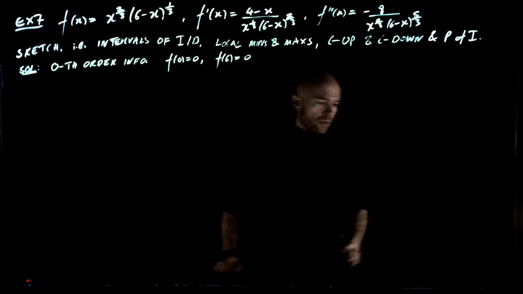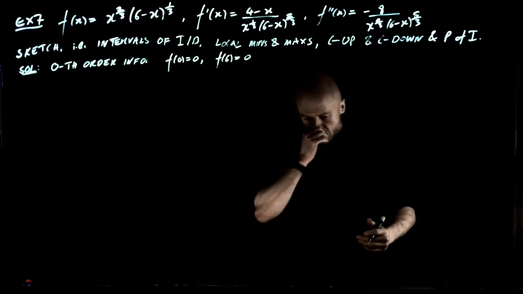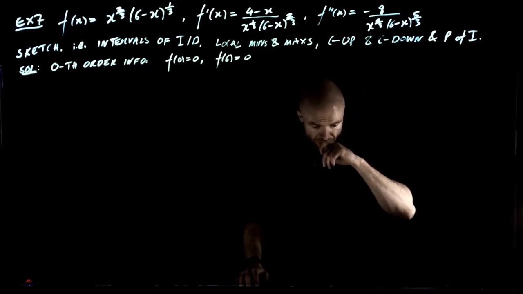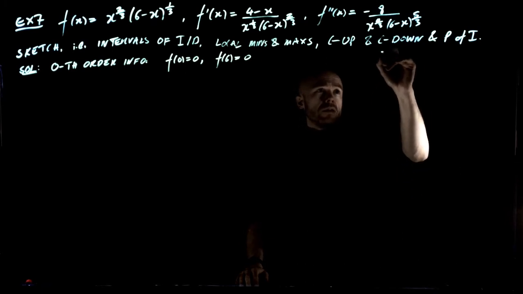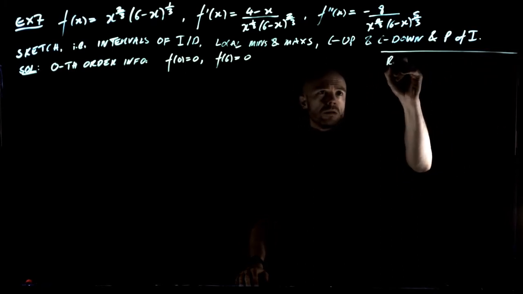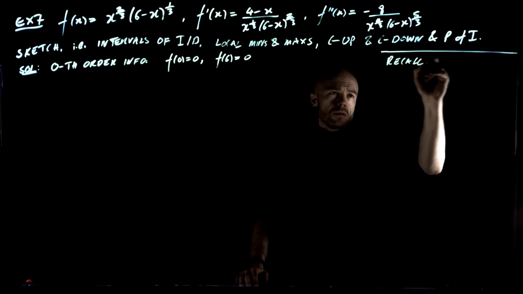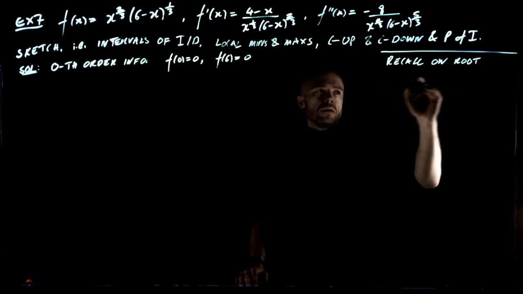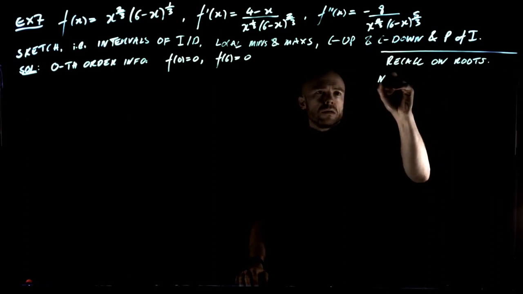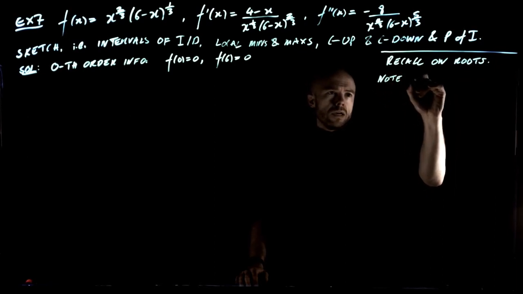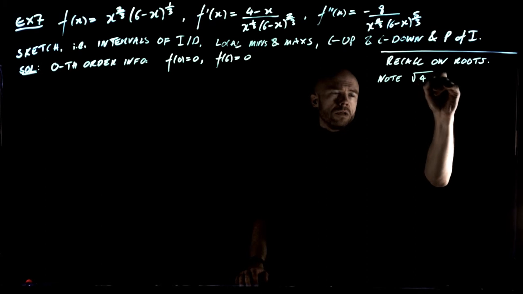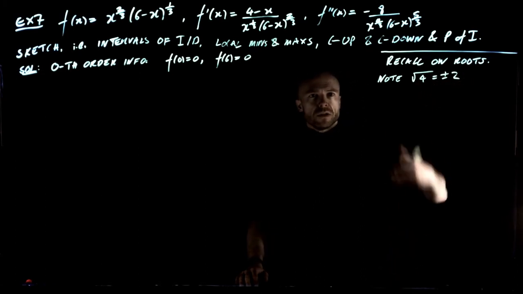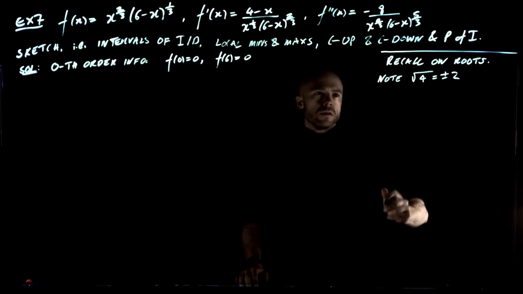Okay, perhaps first a little recap on roots. So note, if we take the square root of 4, then that is plus or minus 2, right? Because when we square minus 2, we get 4, right?